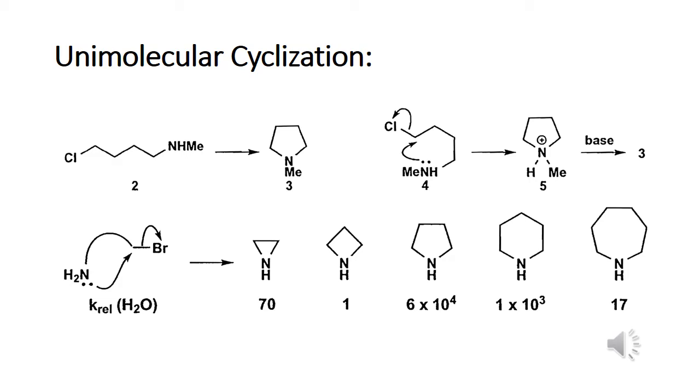The angles between the bonds are significantly less than the tetrahedral angle of 109.28 degrees, and as a result strain is generated in three- and four-membered cyclic compounds. Hence the rate of synthesis of three- and four-membered rings is comparatively less than that of five- or six-membered rings.